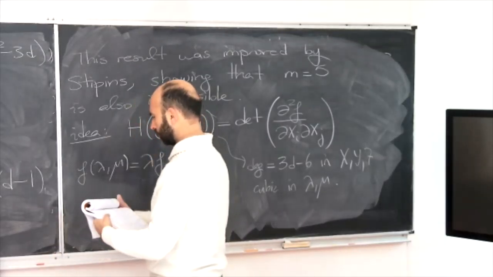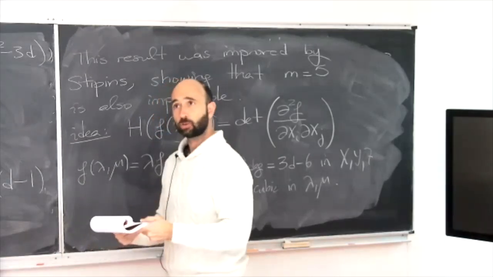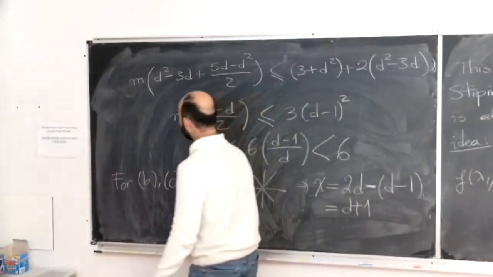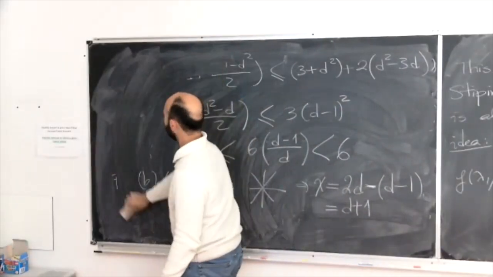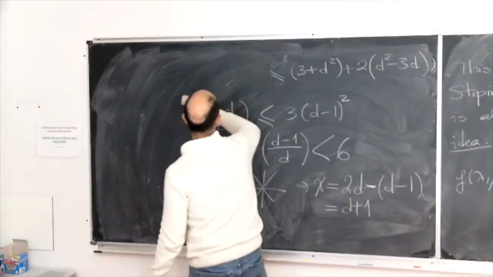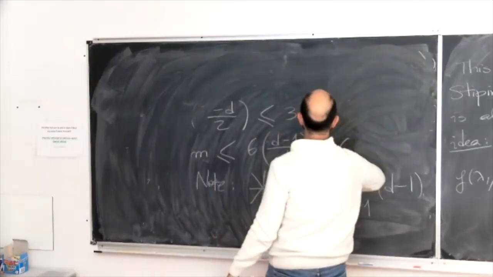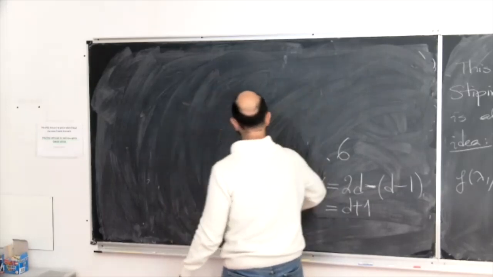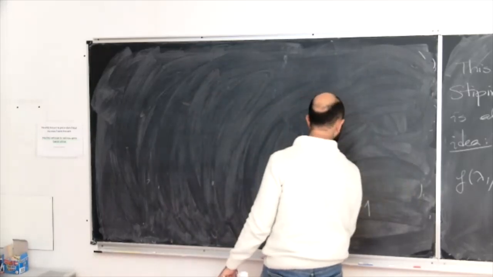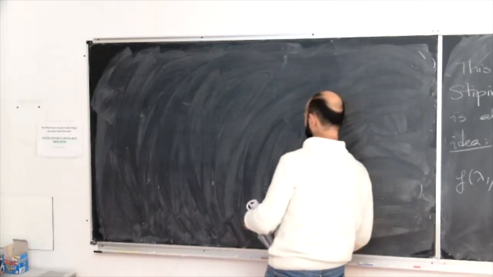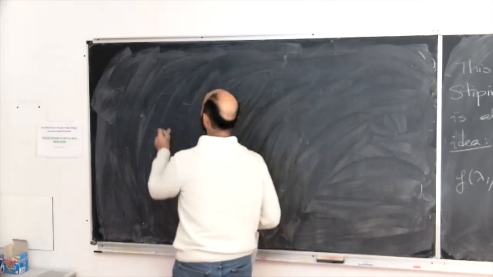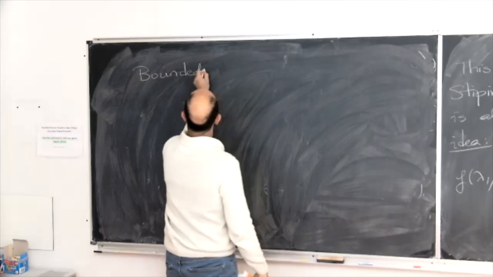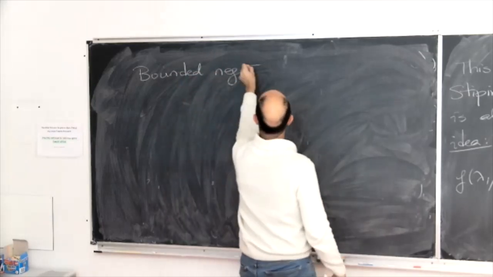Okay, so the last topic I want to discuss is some connection with an apparently different problem in algebraic geometry, where complex line arrangements seem to play some important role. This is the so-called bounded negativity conjecture.